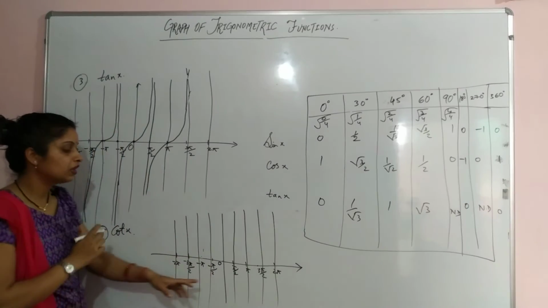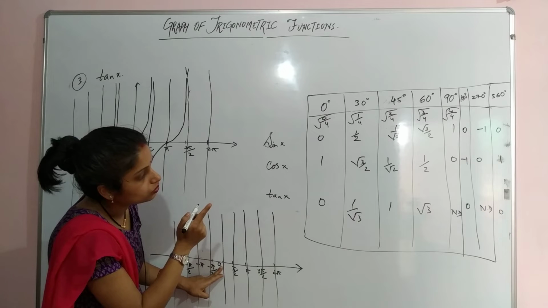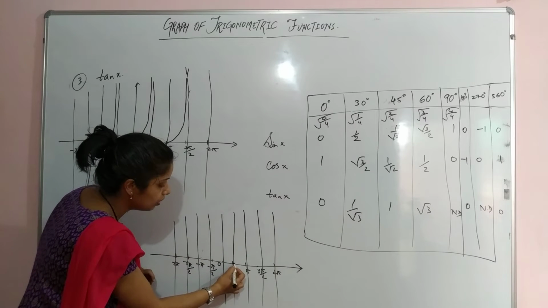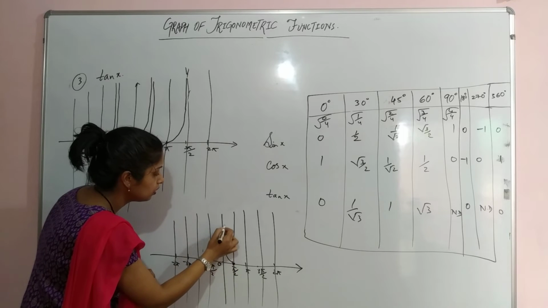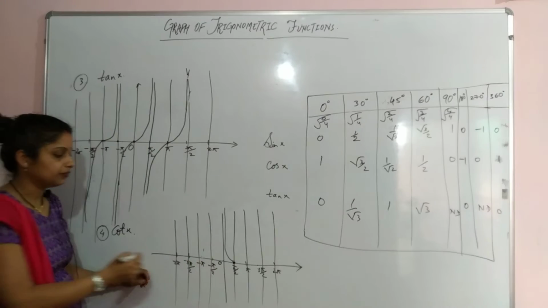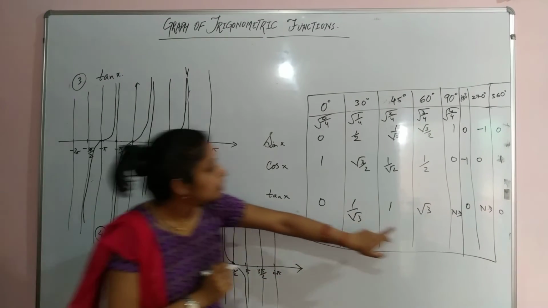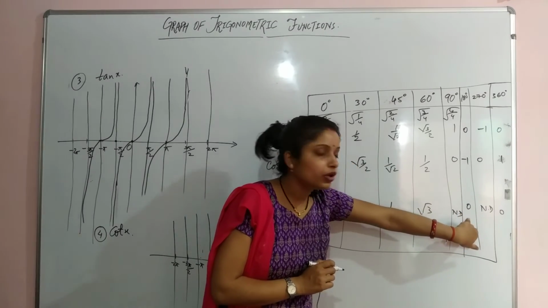Make it clear. At 0 it is infinity. At pi by 2, this is 0. So here it is 0, and at 0 this is going towards infinity. Then you have to take downside also. After that at 180 this is 0 upon 1.